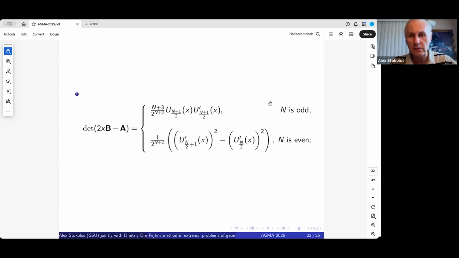In the even case, we failed to find the coefficients. However, we were able to find the closed, compact form, which is amazing, which again we didn't expect.